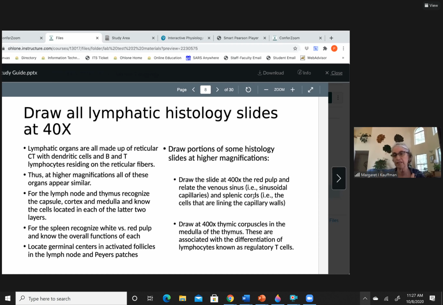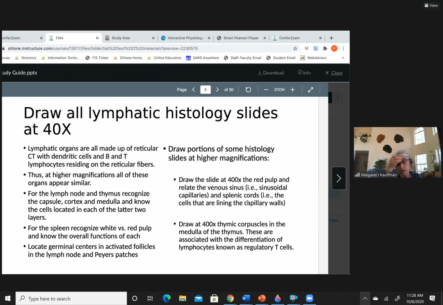But the endothelia and their associated macrophages, probably dendritic cells as well, are all sitting on the endothelial wall on the tissue side, and those 2 cells together, the endothelia and the phagocytic cells, are called the splenic cords. So you're going to draw that at high power because you wouldn't be able to point at things, and I wouldn't be unless you go to high power. So that's in the spleen.